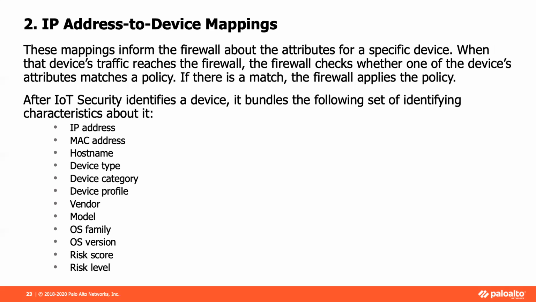The IP address to device mappings are, of course, going to give you IPs to MAC addresses, host names, device types and categories, vendors and models, and those risk scores and levels that are provided by IoT security to help you identify different groups and devices and individual devices.